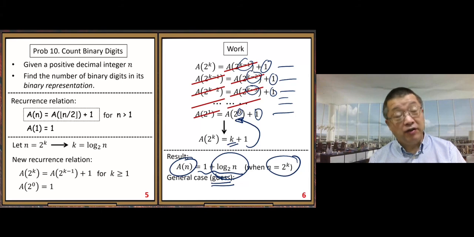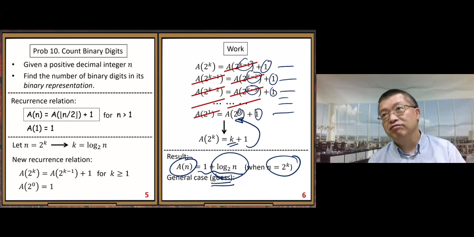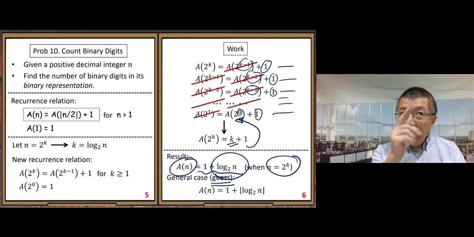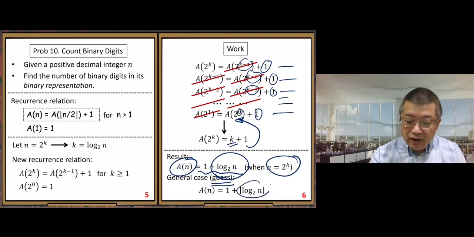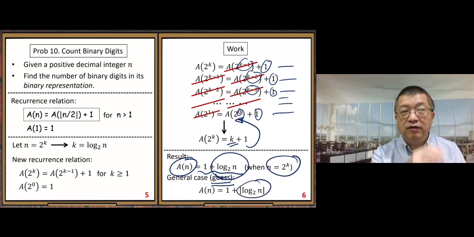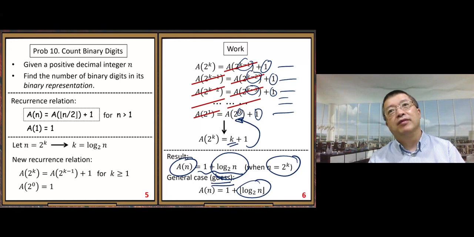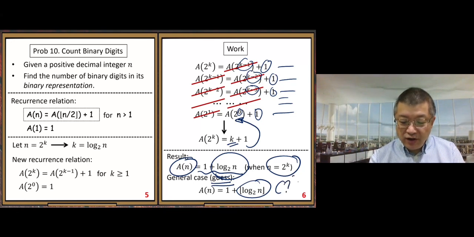Floor function or ceiling function, right? Here, do you like to use the floor function or ceiling function? Think about that. A better guess is the floor function, not the ceiling function. Why floor function, not ceiling function?